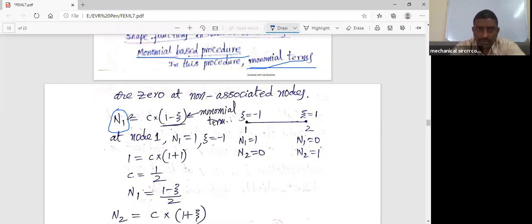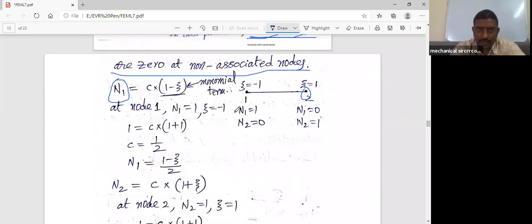To find n1, we need to multiply a constant term into the monomial term. Here the monomial term at node 2 is 1 minus z. So 1 minus z at node 2 is equal to 0. Monomial terms are 0 at non-associated nodes.